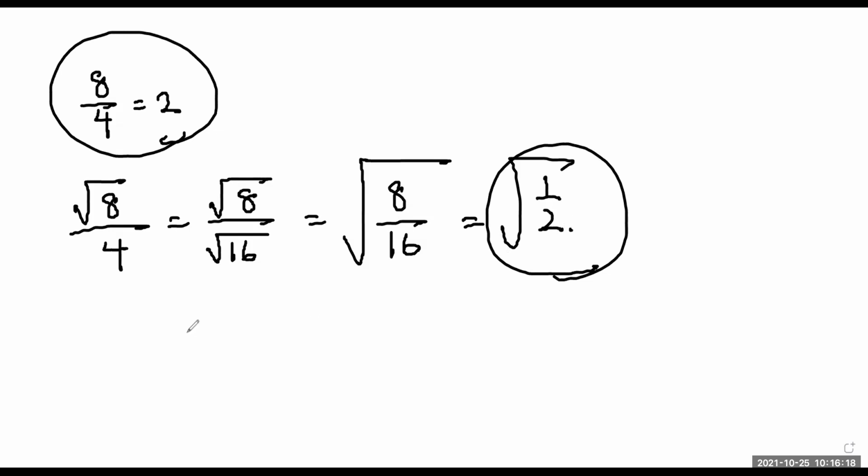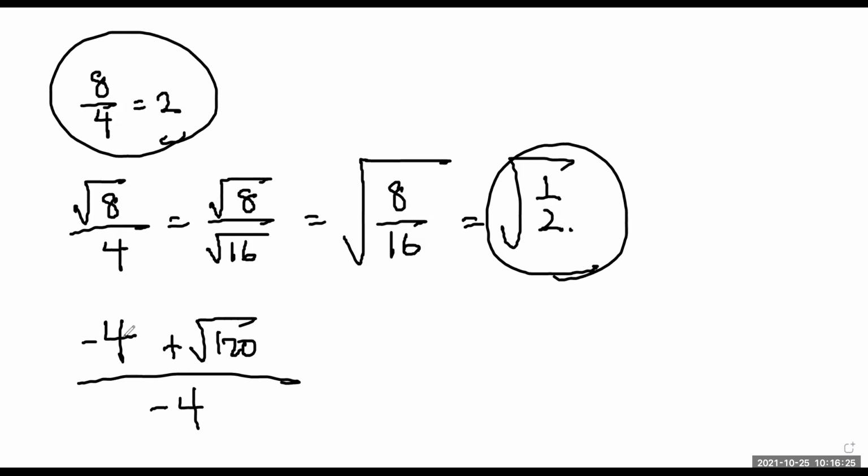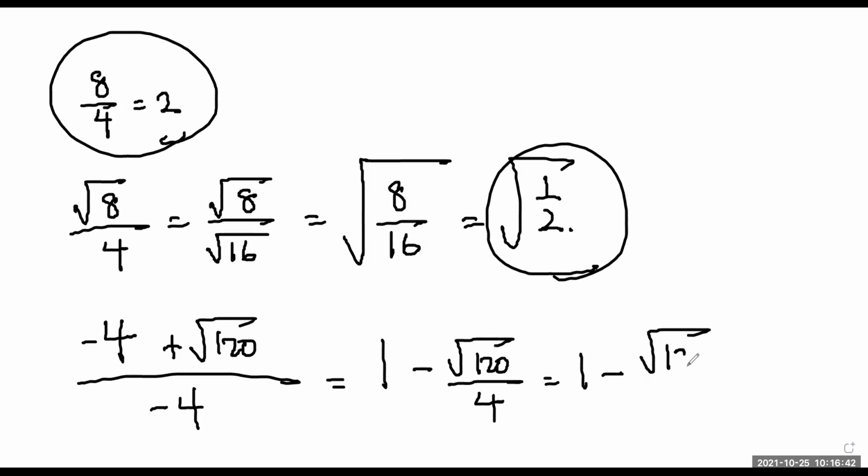Okay. So even this: -4 divided by -4 gives you a 1. And then root 120 is divided by -4, which gives you this. And if you want to simplify it, it becomes that.